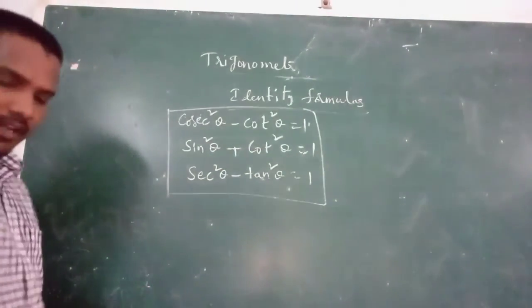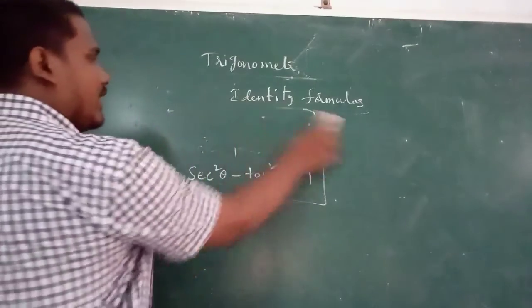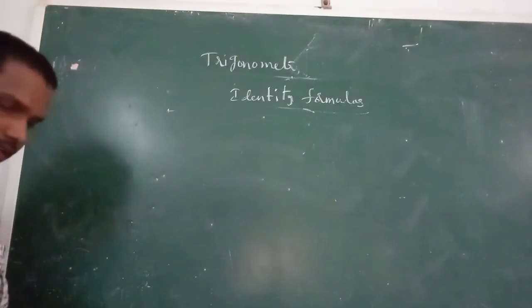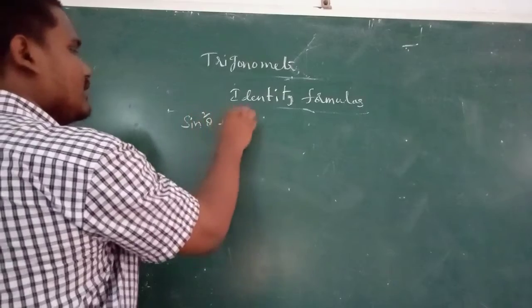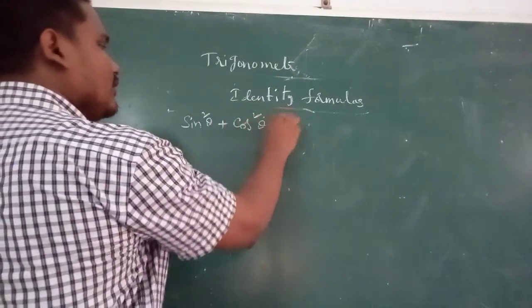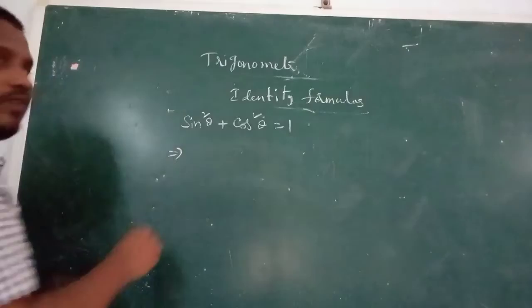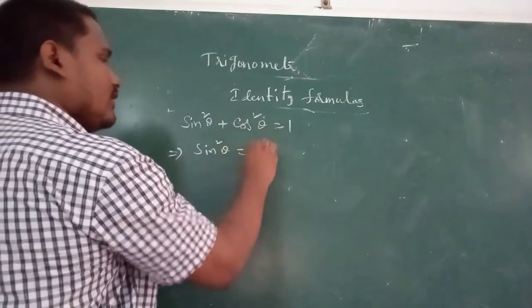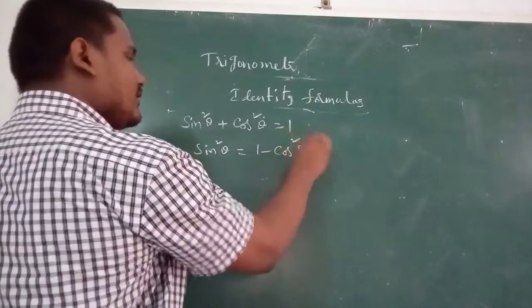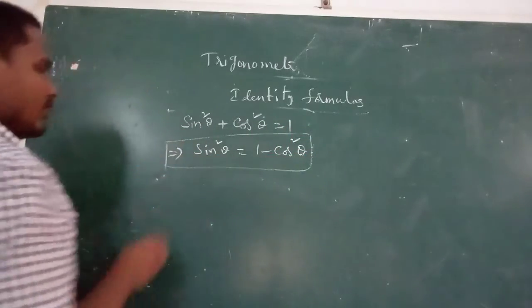Here sin square theta plus cos square theta is equal to 1. If you want sin square theta, that is equal to 1 minus cos square theta. This is one of the formulas.